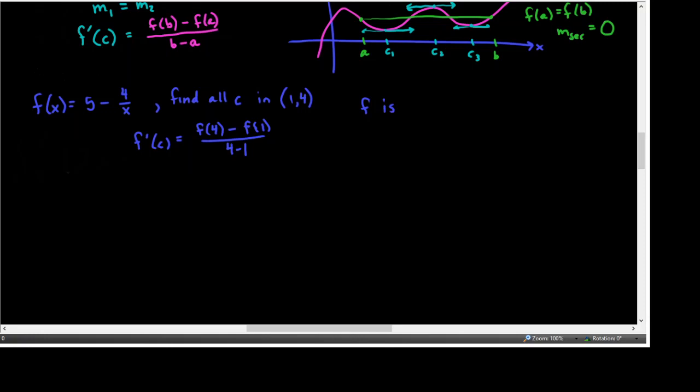Well, it's a rational function. Because you could get a common denominator and write that as a polynomial over a polynomial. I'm not going to do that, but you could. Wouldn't be that hard to do. And as such, we know it is continuous on its domain and differentiable on its domain.